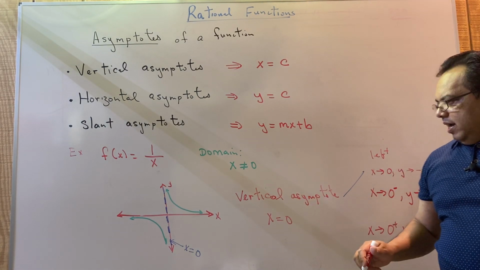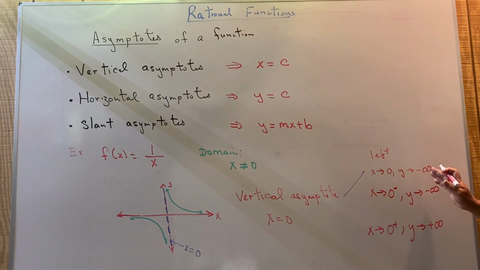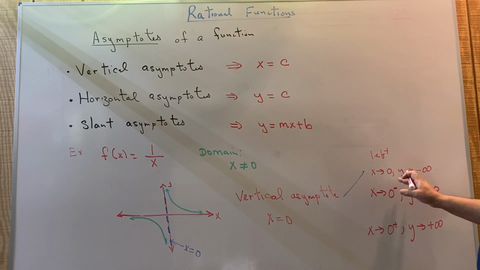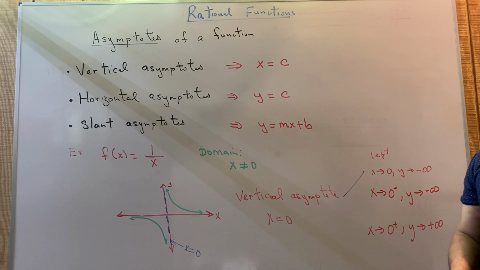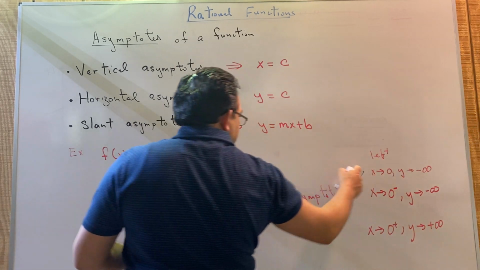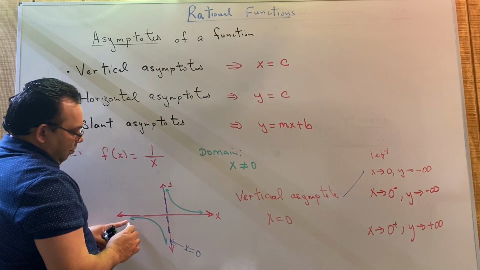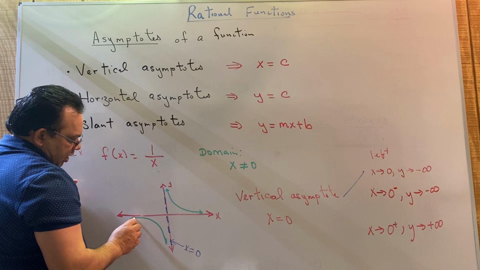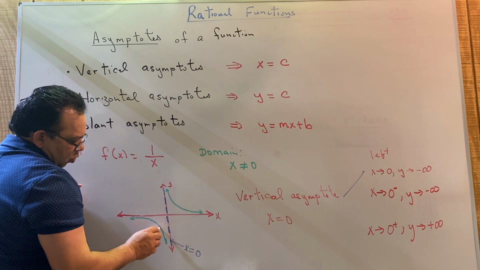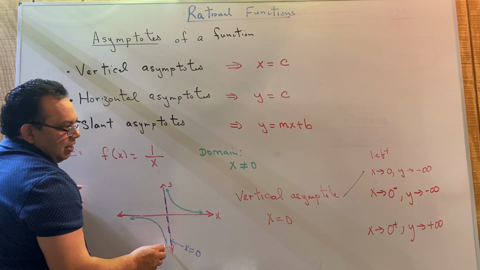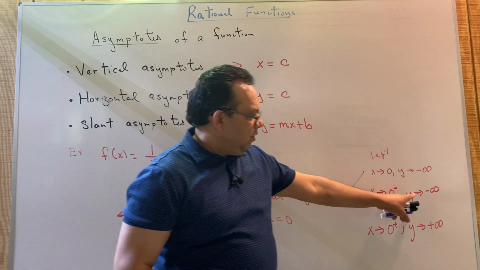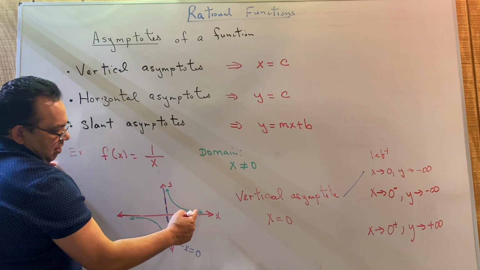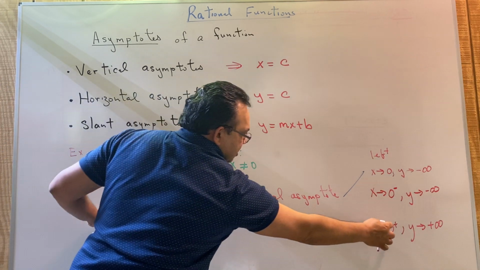This part is a little more difficult to understand, but graphically you will see what's happening. So let's look back at this. As x approaches 0 from the left side, you start out from the left side of the x-axis, and let's say you trace that function, your y value is going towards negative infinity. That's why we write negative infinity here. And now you go to the right side of 0, that's where the little plus sign is.